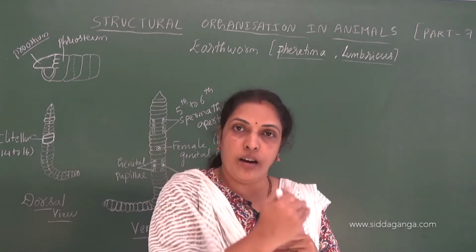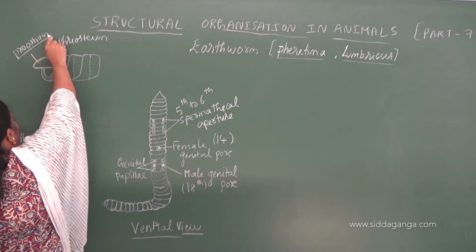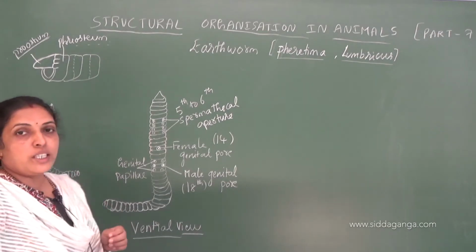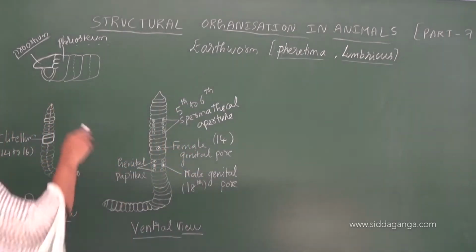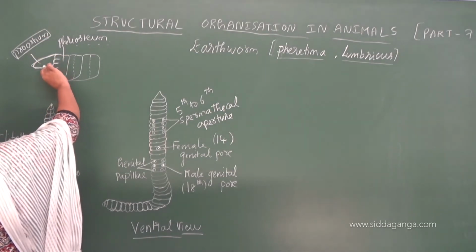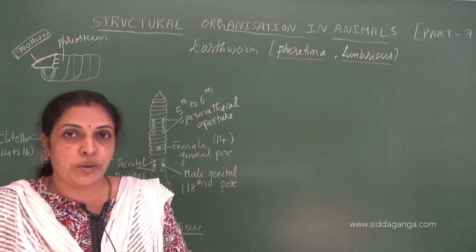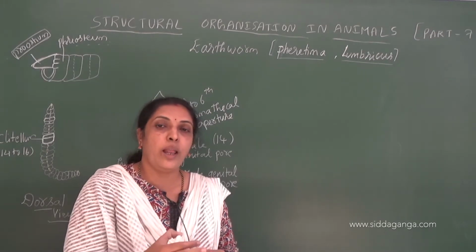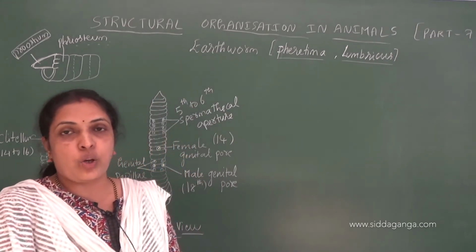Pro means early, in front of the mouth. In front of the mouth it is prostomium, and the first segment is peristomium. In the first segment we see an opening called mouth. This prostomium is sensory in function, and wedge shaped in structure, which helps to crack the soil. That's why they help in crawling motion of earthworm.